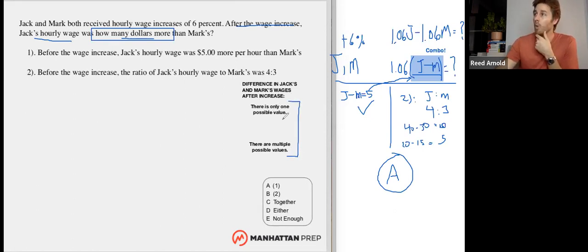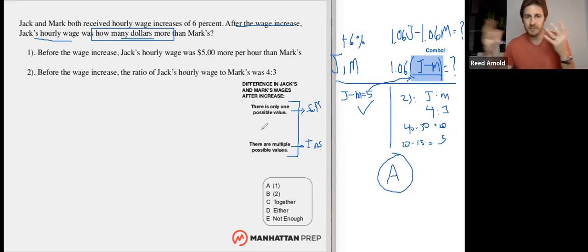If there's one possible value for the difference between Jack's and Mark's new income, the situation would be sufficient. If I could get more than one possible outcome to how many more dollars Jack's wage is than Mark's, this would be insufficient. So ultimately, I'm wondering which of these outcomes is the case in the data sufficiency problem.